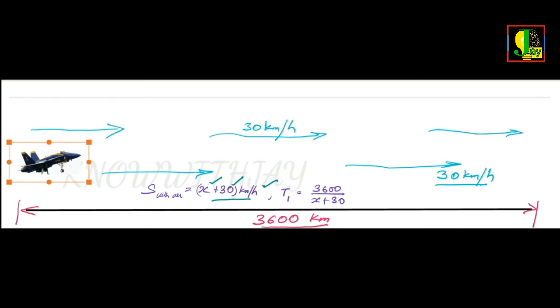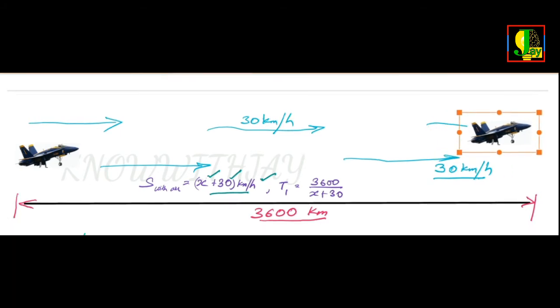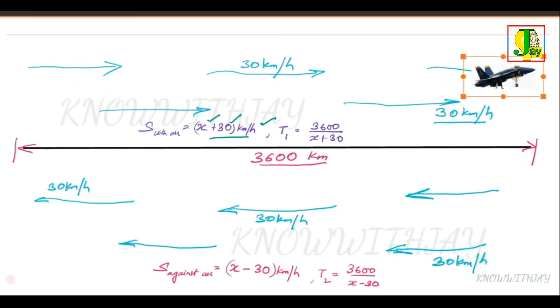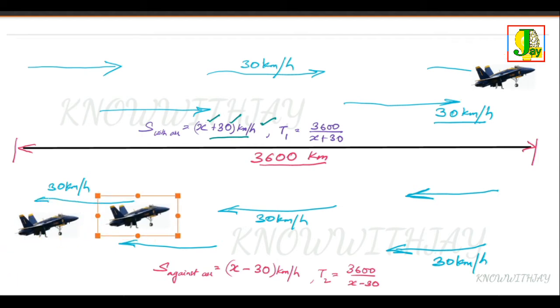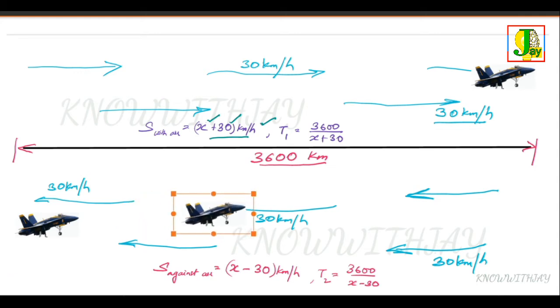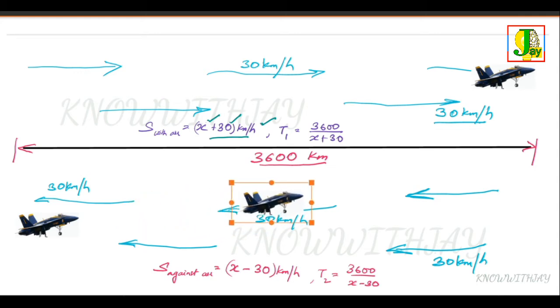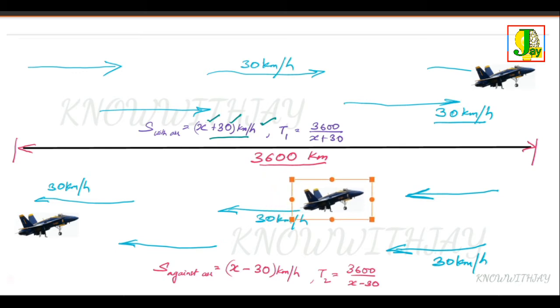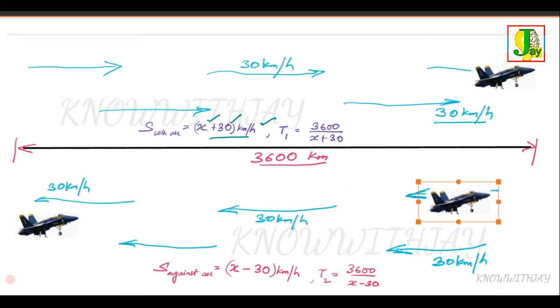So let us assume that the plane is flying along with the wind. Okay, so it takes less time when it travels along with the wind, and it takes more time as it goes against the wind. The wind is flowing from the right to left, so it takes more time to cover the same distance to reach its destination.